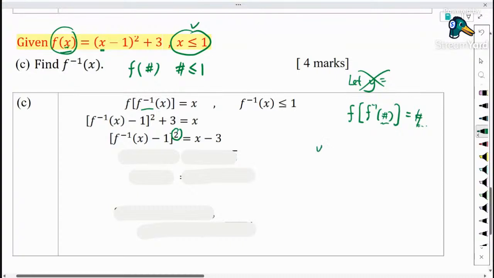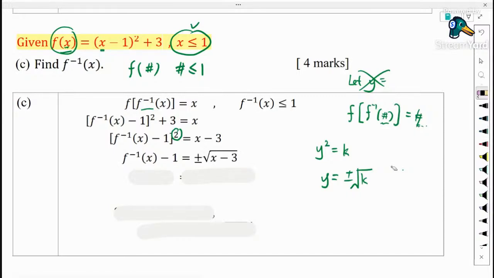So for your information, let's say I have y squared equals k. If I want to go from y squared to y, I need to involve a square root. And furthermore, it's not just the square root, but it's the case of plus minus square root of k. So in this case, I should have it as plus minus square root of x minus 3.